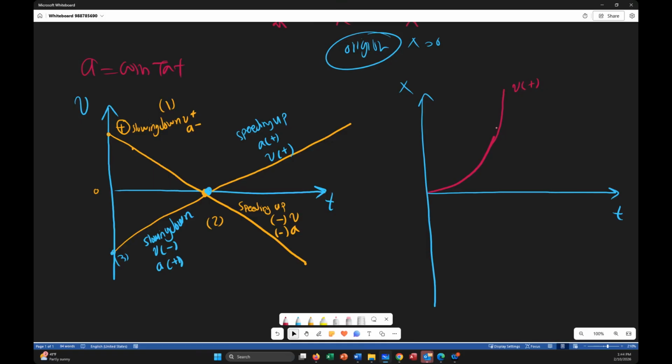So here is acceleration, velocity positive, acceleration is positive. Number what? Number 4, yes? Okay, we call this number 4, yes? Number 4. How about this one? Slowing down?